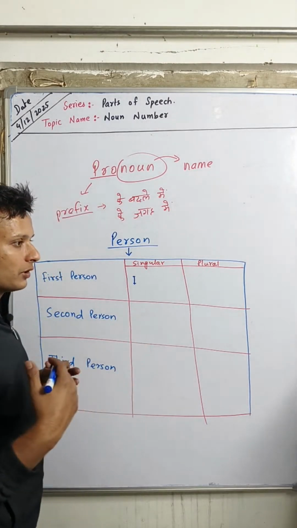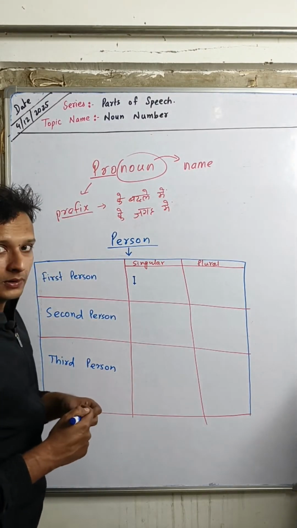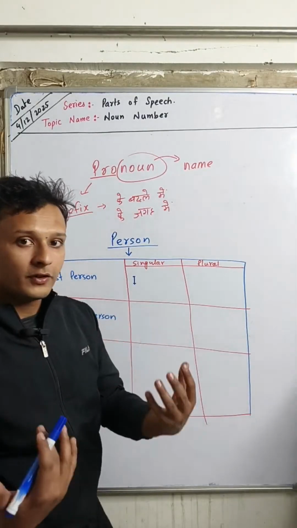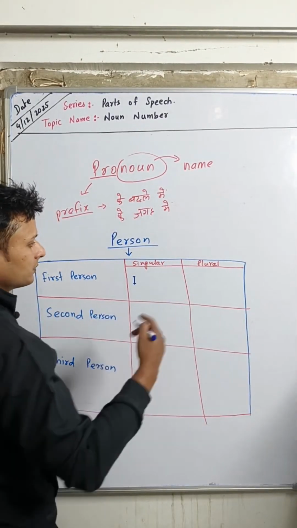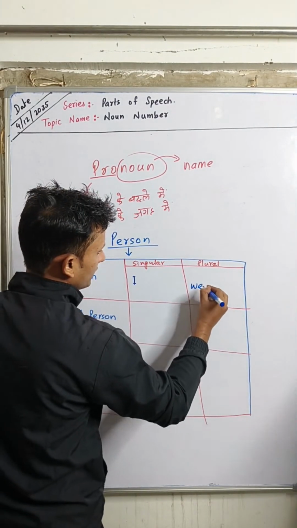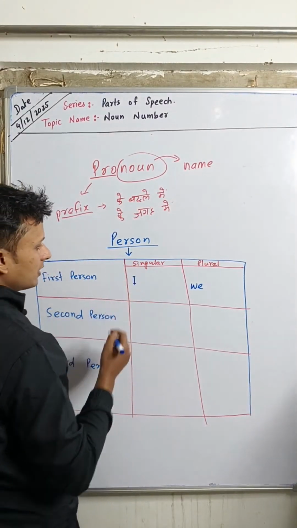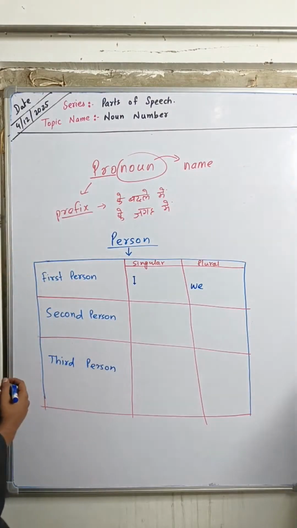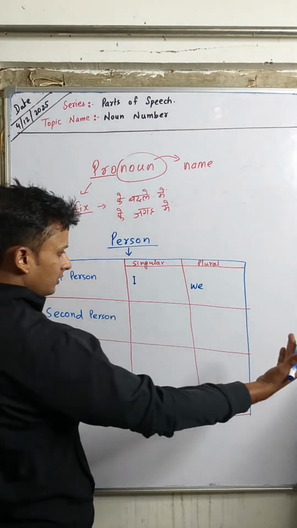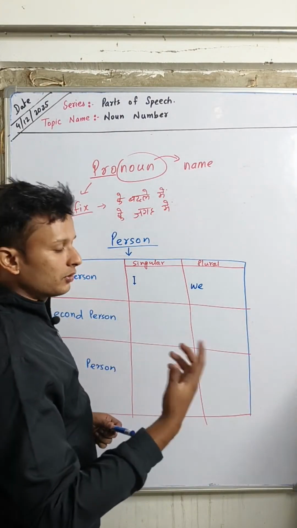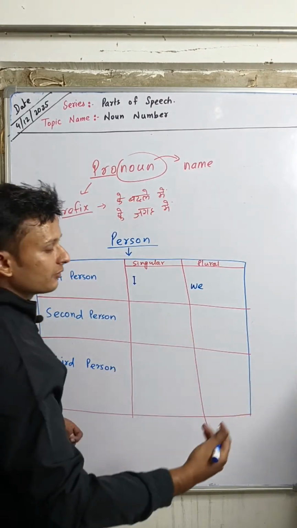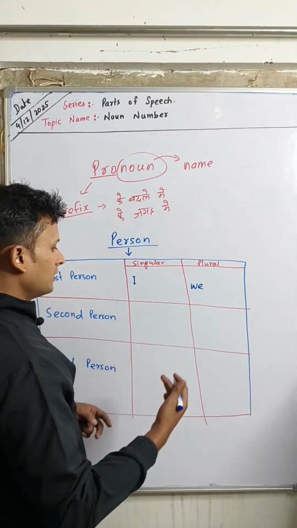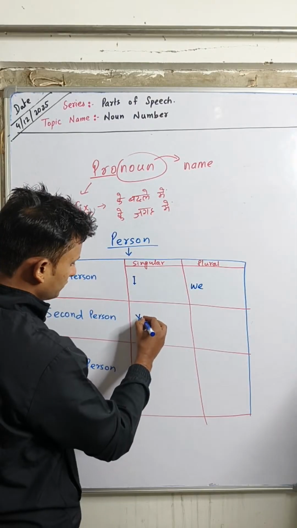And suppose I'm talking about a group of people, on behalf of them. So I will use a pronoun called we, right? So this is first person singular number, and this is called first person plural number. And suppose there is another person with whom I'm talking, like he's in front of me, so I'll always use you.